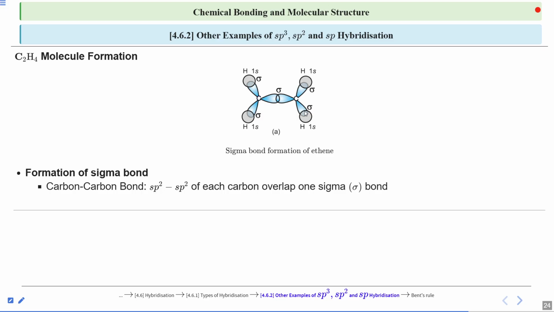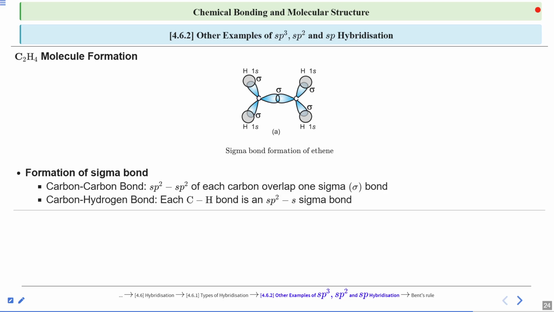Then the second type of sigma bond will be formed by the head-on overlap of the atomic orbital of hydrogen, or specifically the s atomic orbital of the hydrogen. So we can say in this case of ethene, 2 types of sigma bond are formed. First, due to the head-on overlap of 2 sp2 hybridized orbitals of carbon, and second is the head-on overlap of the 1s orbital of hydrogen with the sp2 hybridized orbital of carbon.